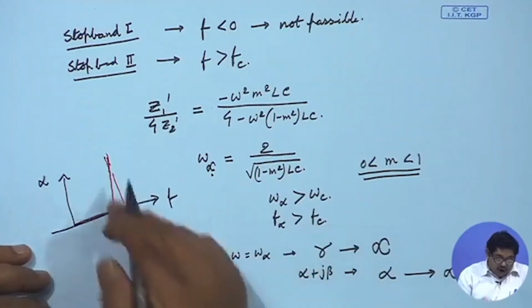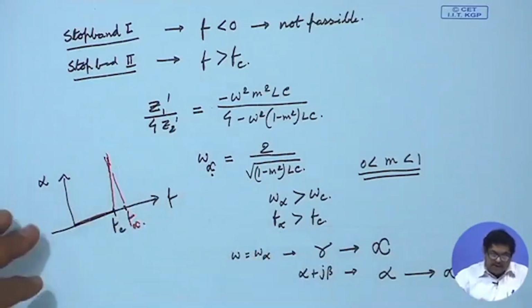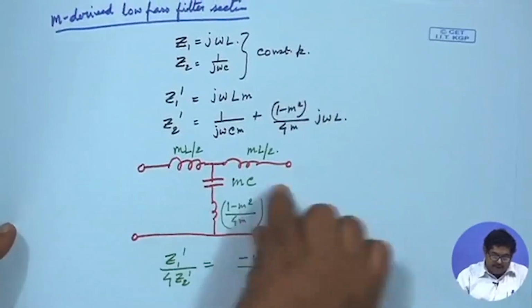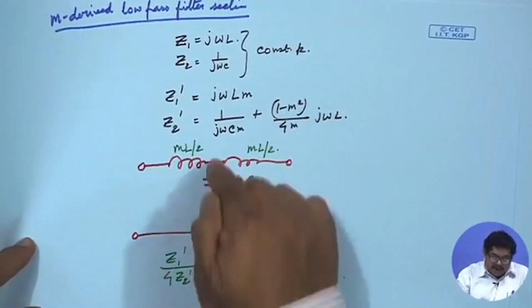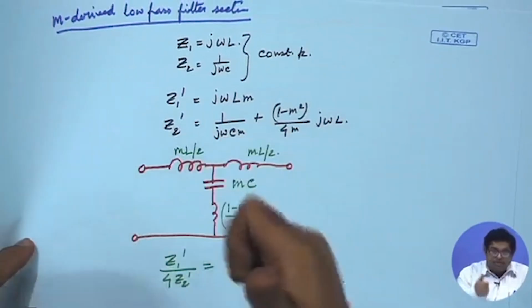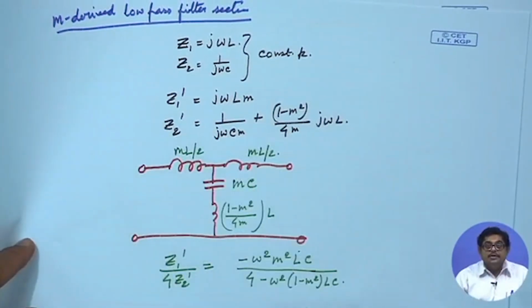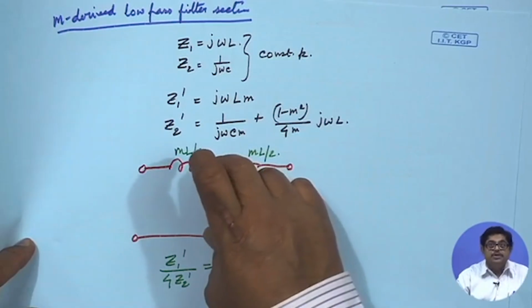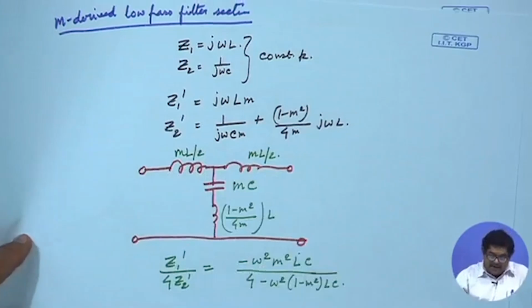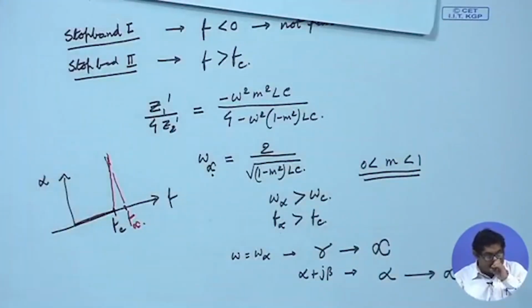So, how are we able to do this at f infinity? You look at the structure of the m-derived section. Basically, I have a series circuit. This series circuit, if it goes to resonance, that gives that high attenuation.